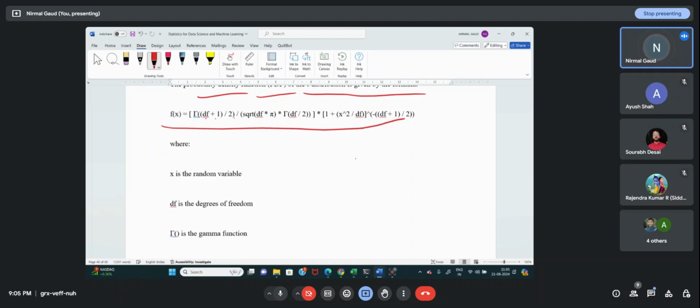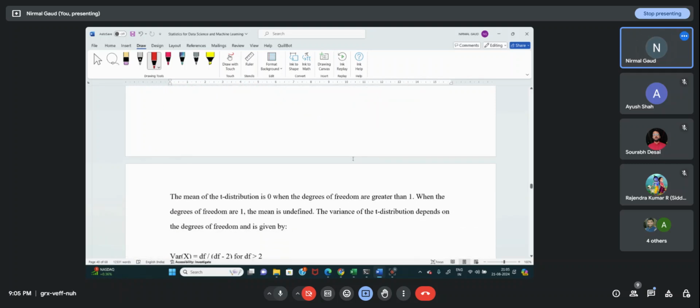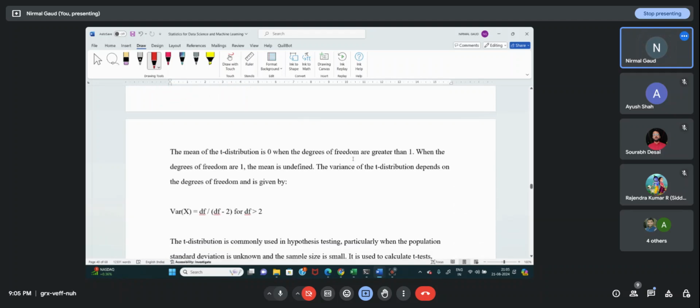So now there v was written. V means df only. In the above formula, V was written. So df and V are same. So df plus 1 by 2, square root of df pi into gamma df by 2, and so on. Where x is the random variable, df is the degree of freedom, this is the gamma function. Gamma function I already explained to you. What does gamma mean? Okay, I already explained.